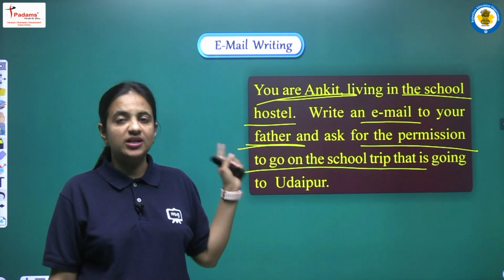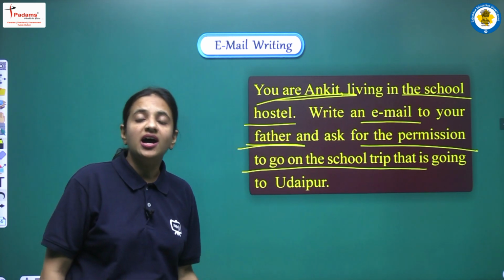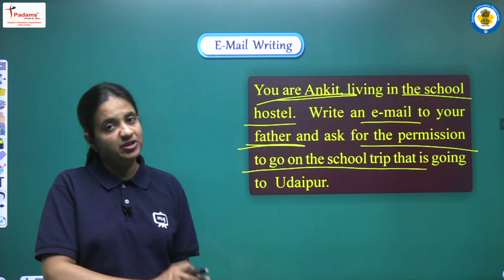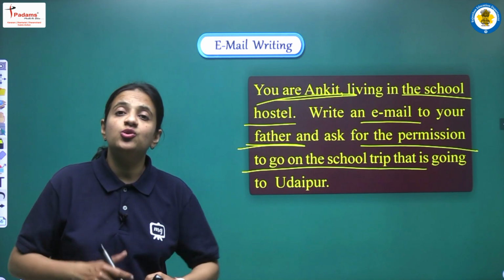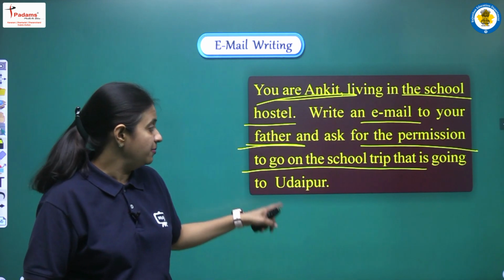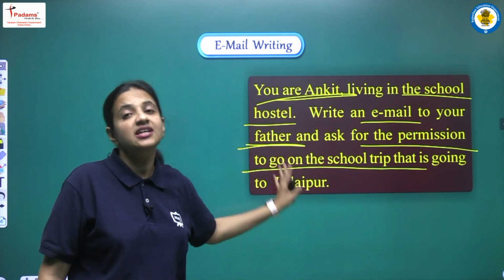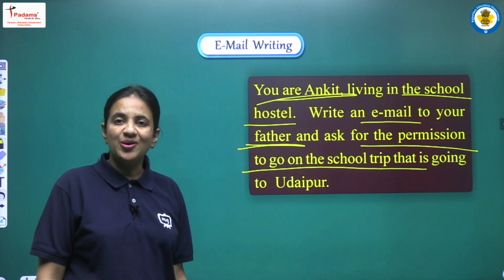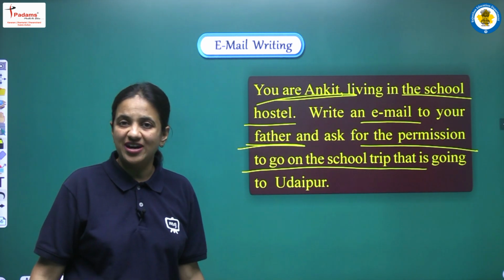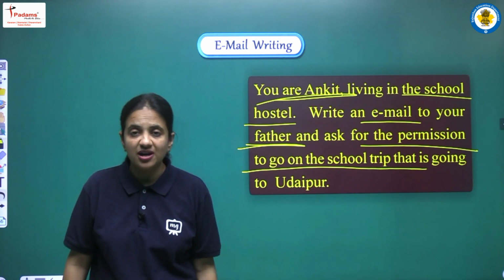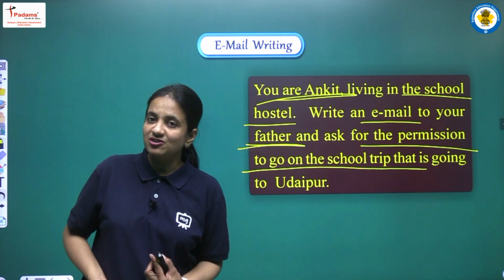Our name is given to us and in that email we have to ask for his permission. Permission for what? Permission to go on the school trip, the trip that is going to Udaipur. So we have to use all these details that are given to us and then write one email to our father.